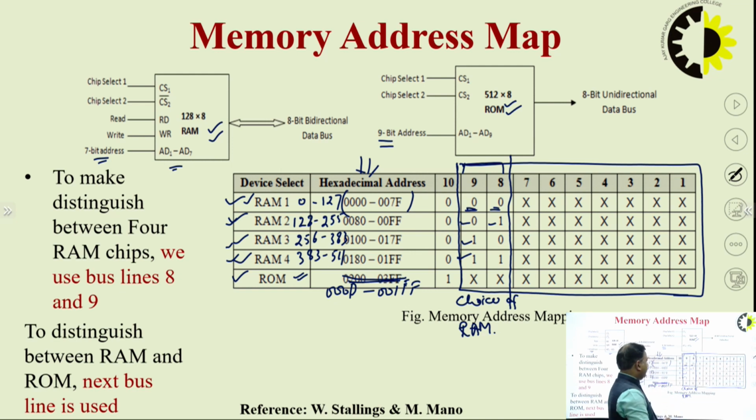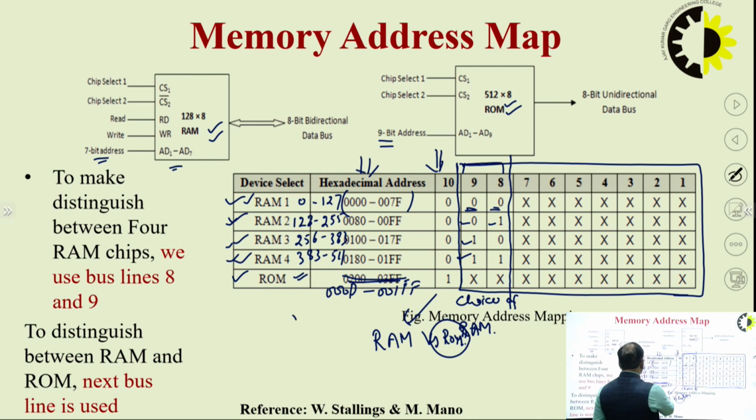One more address line which we have added here is address line number 10. This address line 10 will distinguish between the selection of RAM versus ROM. Address bit 10 is 0 if we are interested in selecting RAM, and this address bit will be 1 if we are selecting ROM.